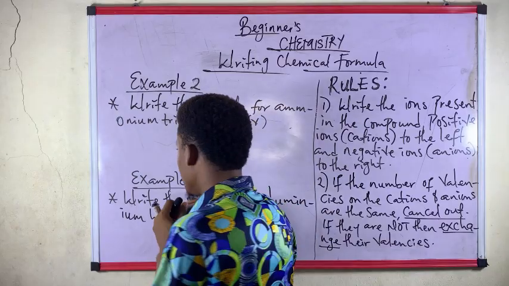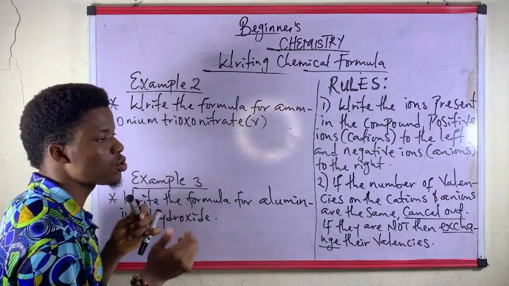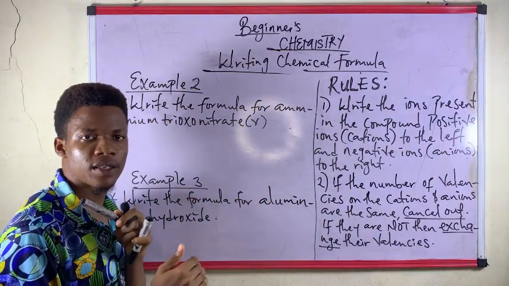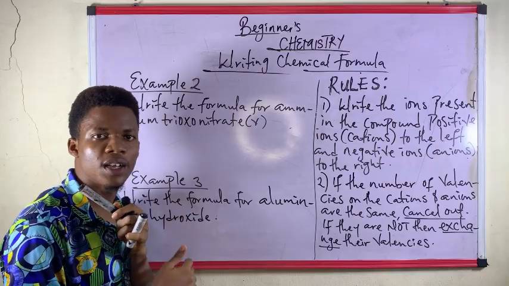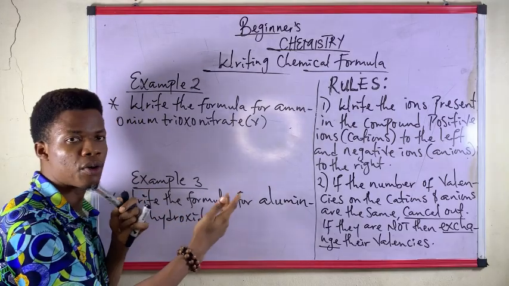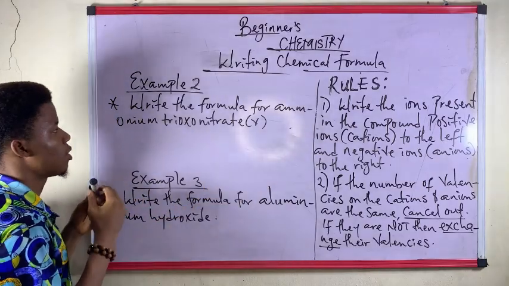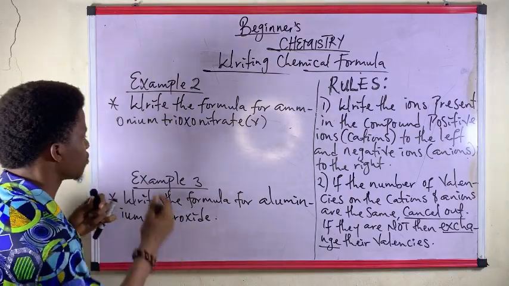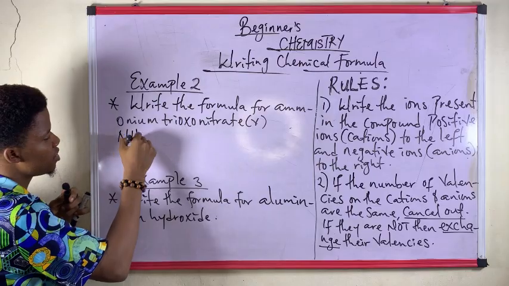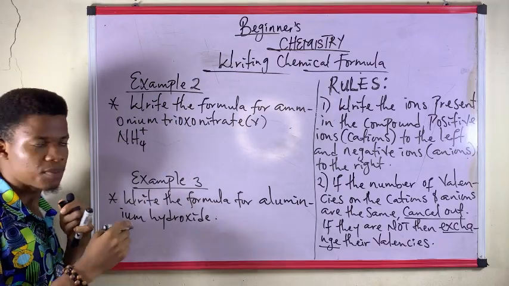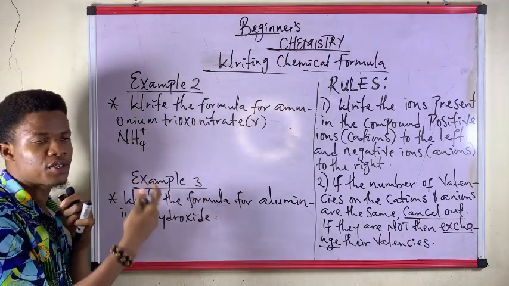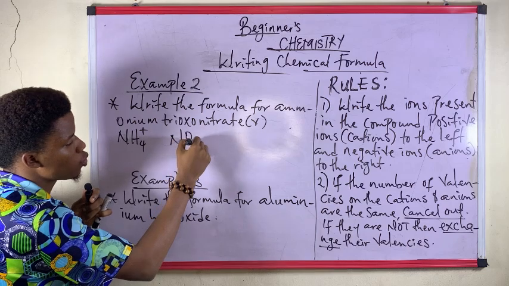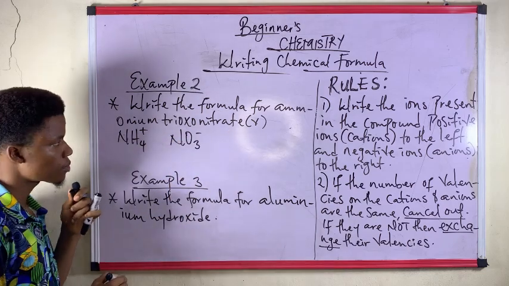If you remember, first thing first, we need to write the positive ion to the left, and then the negative ion to the right. So remember, ammonium ion is NH4 plus. That's the positive. Then our trioxonitrate 5 is NO3 minus.